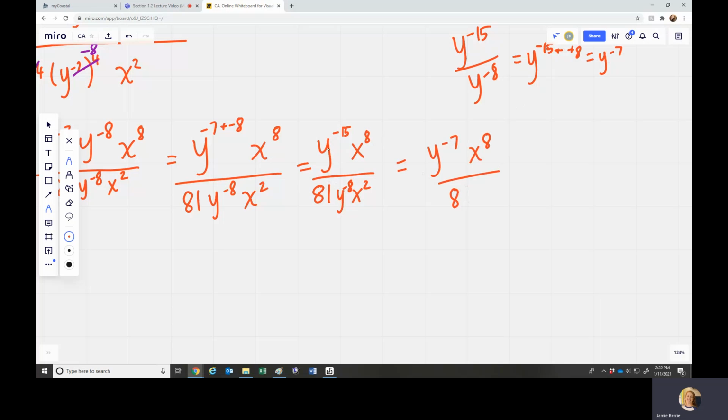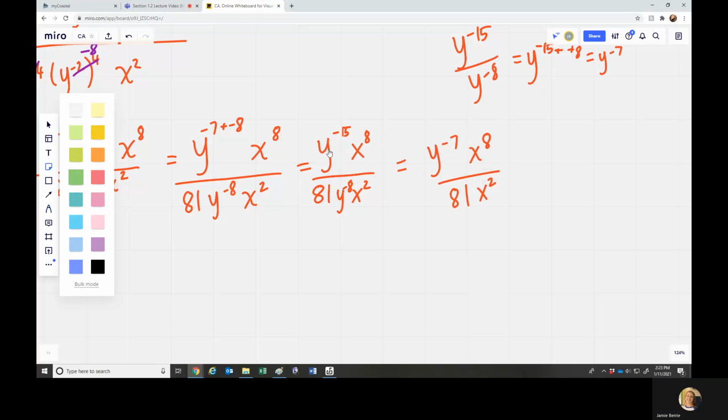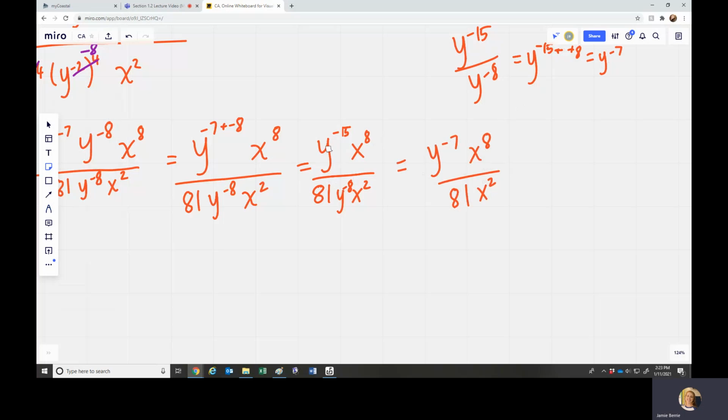Then we have 81x squared. So we're also going to have to combine those. This one's a little bit easier. I'm actually going to just throw a sticky note on here and cover up this for a minute. So x to the 8 divided by x squared, 8 minus 2 would be x to the 6th.